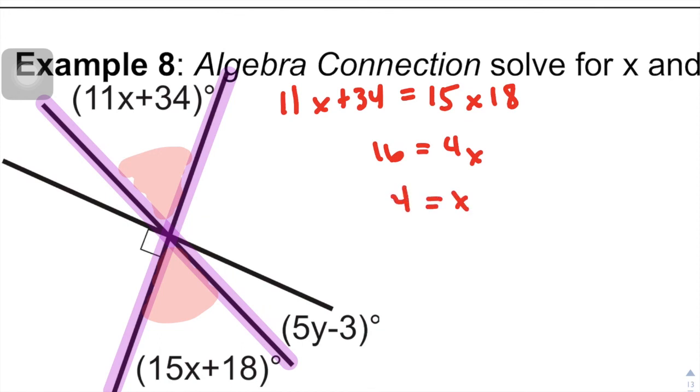Now to get our y, we're going to have to realize that these three angles are supplementary. They will add up to be 180 degrees. So let's write that out.